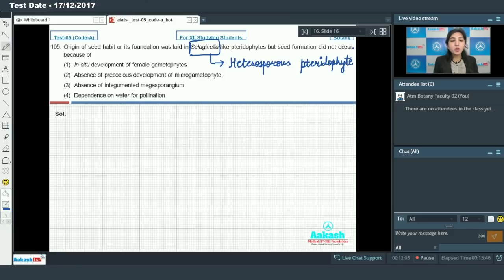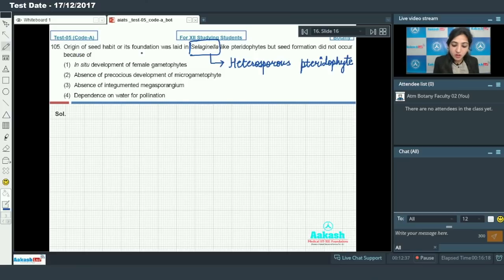But although Selaginella acts as the precursor of seed habit, there is no formation of seed in Selaginella because it lacks the outer covering, the protective covering called integuments, outside the megasporangium. That is one reason why it does not show seed formation, and the other reason is that the megaspore is not permanently retained in the megasporangium. Due to this, seeds are not formed in Selaginella.